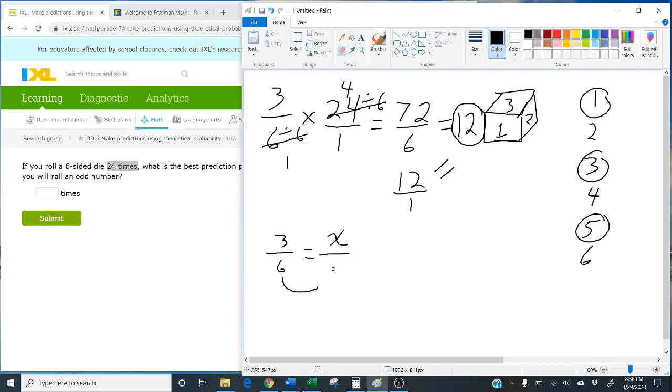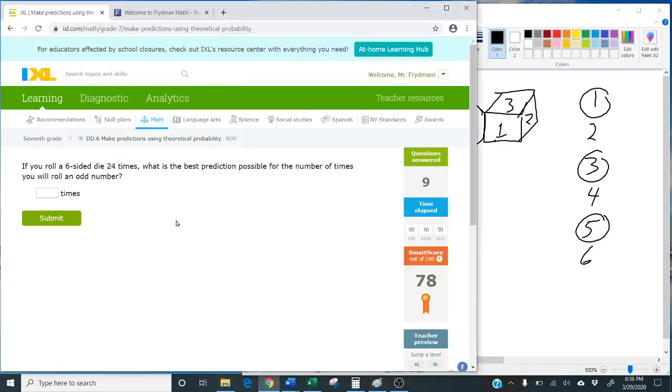Okay, whoops. All right, so 6 times what number is equal to 24? That's 4. And 3 times 4, again, is also 12. So that's another way that we can get the 12 there.